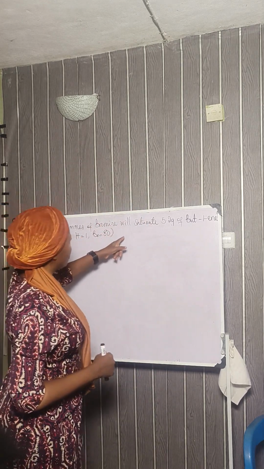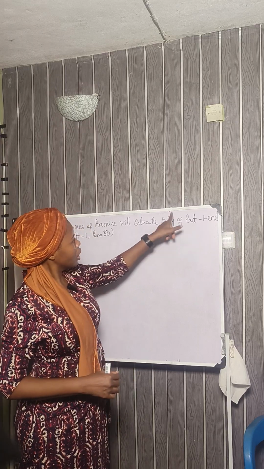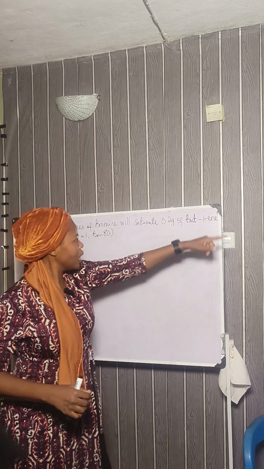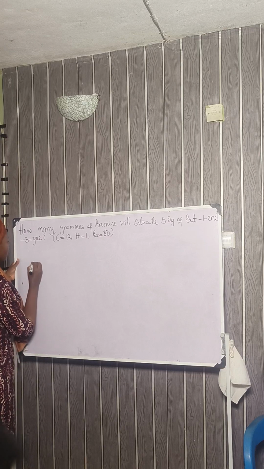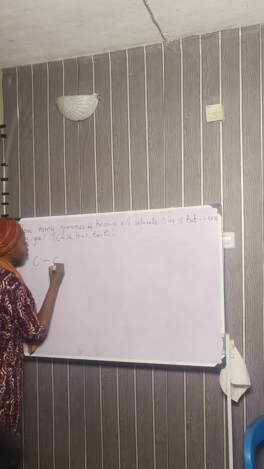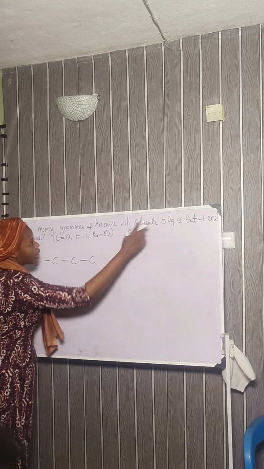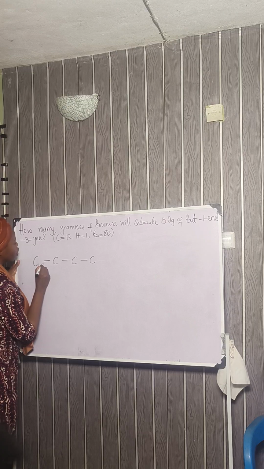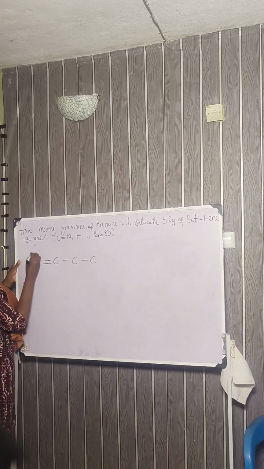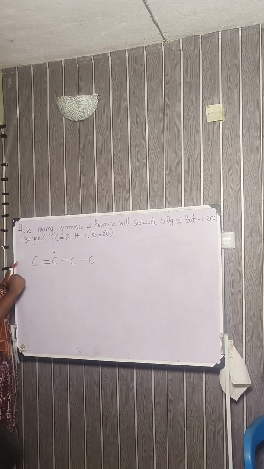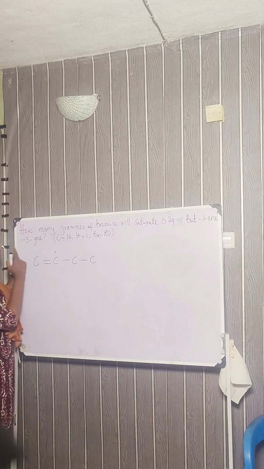How many grams of bromine will saturate 5.2 grams of but-1-en-3-yne? So my longest carbon chain is 4, but. Now but-1-ene, meaning that the double bond is between carbon number 1 and carbon number 2, and the shortest distance to the functional group, I will take 1.